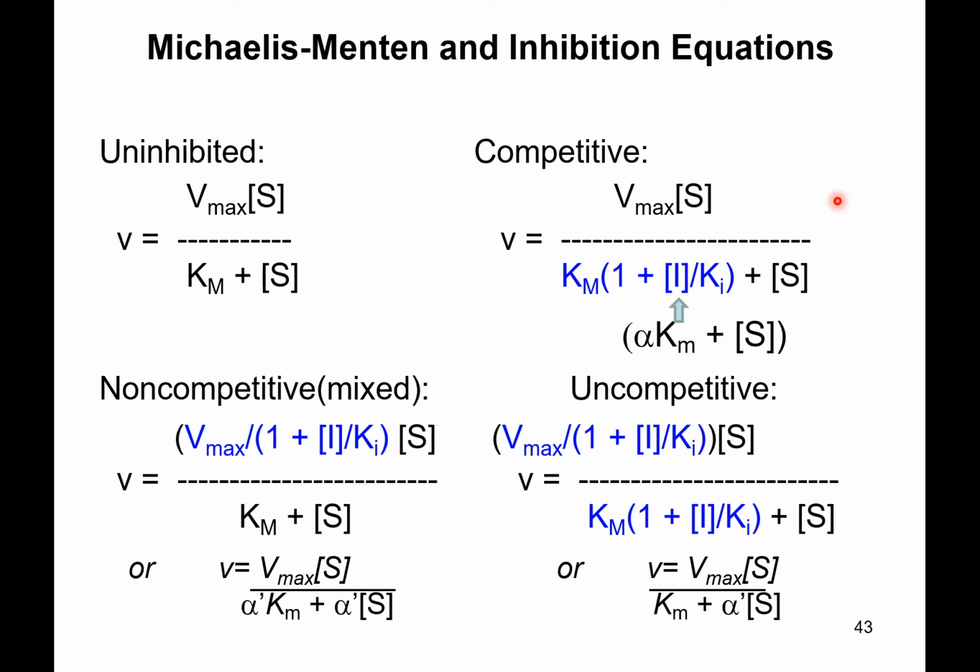So that's our summary for inhibition. And also important to know how the straight line plots will change for different types of inhibition, because that would be a very easy question to ask on an exam, and if you remember them, they should be very easy to tell from those plots.